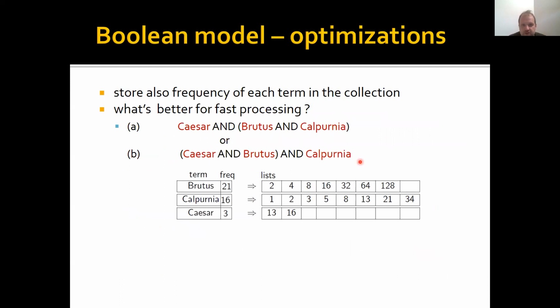There are other questions about how to optimize Boolean search because we can have very complex queries. So we will probably optimize the queries using, for example, the associativeness rule, where we can evaluate this query like this or like this.